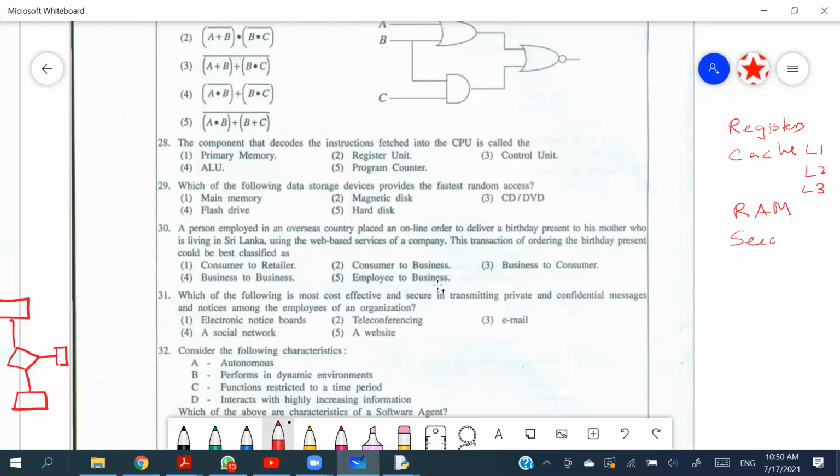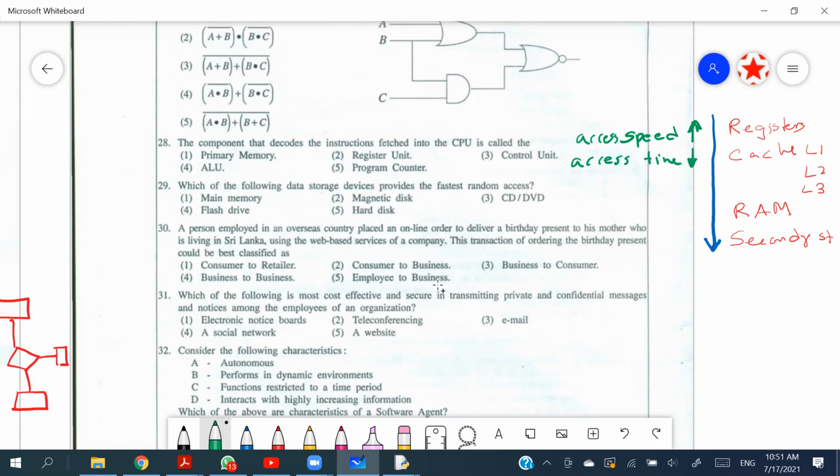Then the secondary storage, right? So when we go down, what happens? Access time increases, and speed decreases.